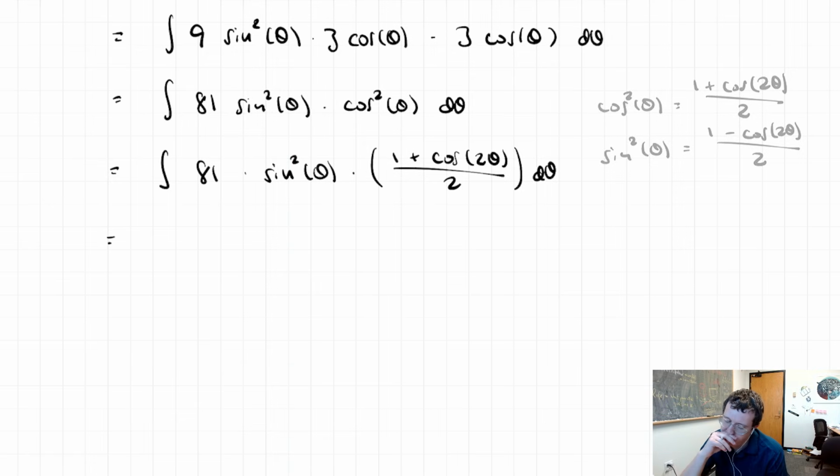Maybe there is, though. This is annoying. I have to integrate sine squared, and I have to integrate sine squared cosine of 2 theta. Yeah, okay, I think actually we should replace both of these.